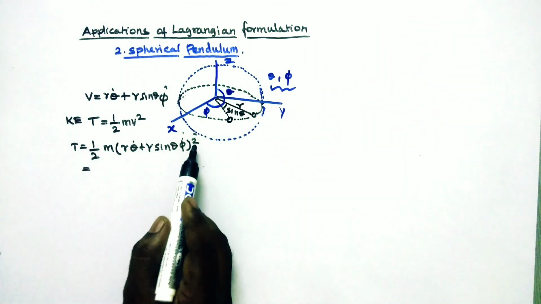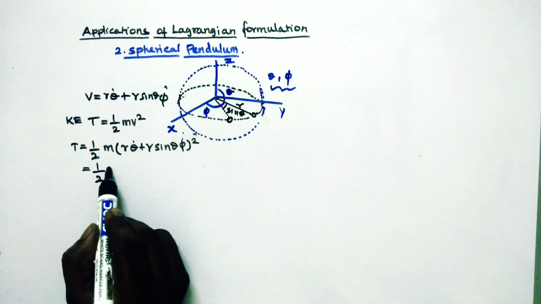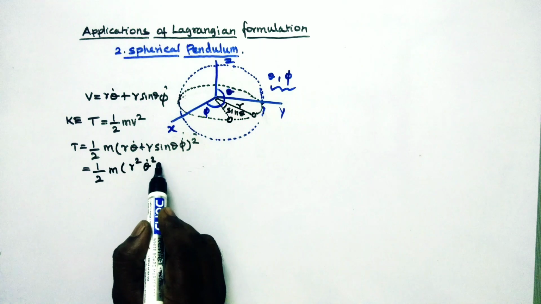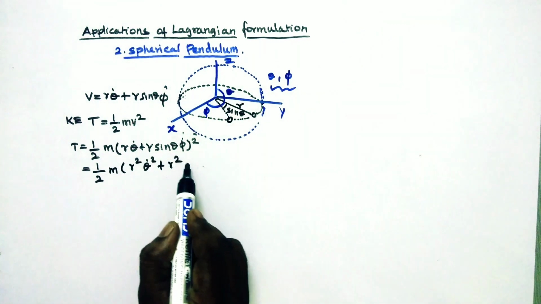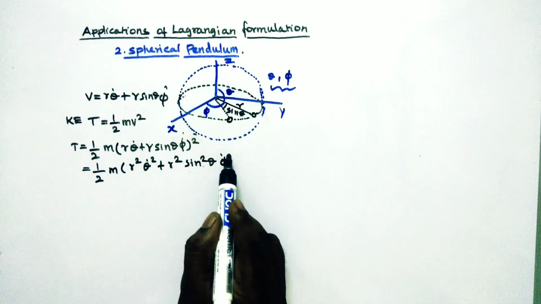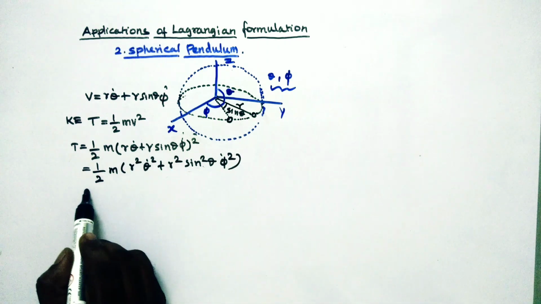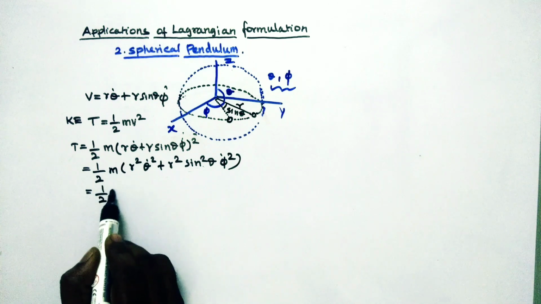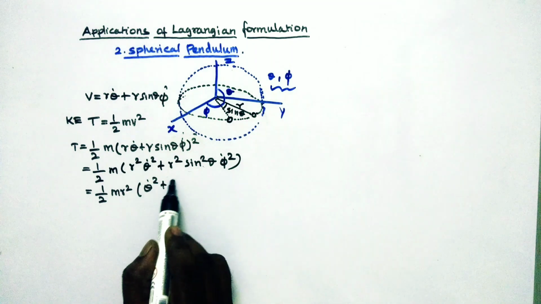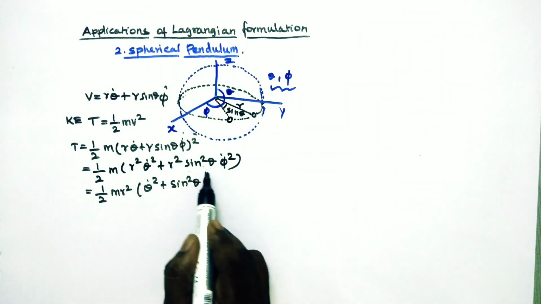Put this square inside the bracket: m r square theta dot square plus r square sin square theta phi dot square. Then take r square outside: m r square times theta dot square plus sin square theta phi dot square.